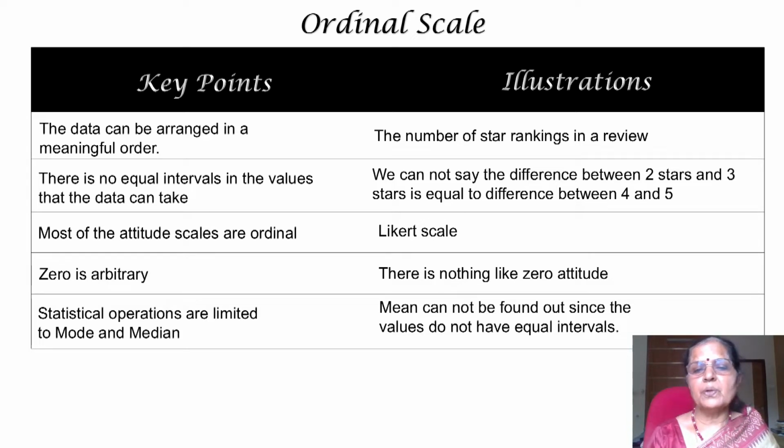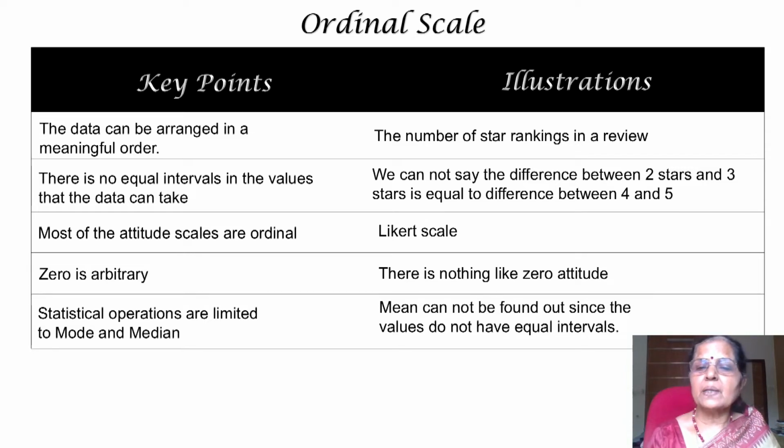Another common example would be when you rate your students' performance in 5 categories like excellent, very good, good, average, and poor. You are using ordinal data. Now we know the order, of course. Very good is better than good, and good is better than average, and average is better than poor. But nobody could tell whether the difference between excellent and very good is the same as the difference between very good and good, because we don't know the intervals between each data.